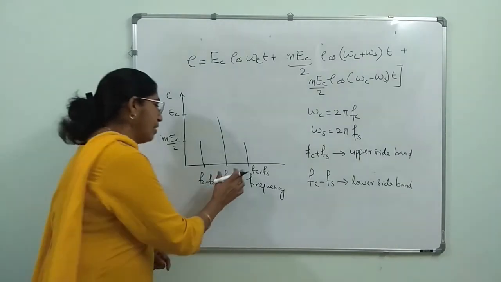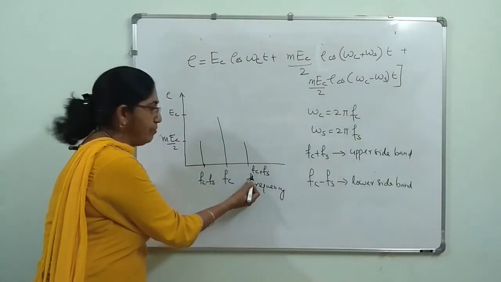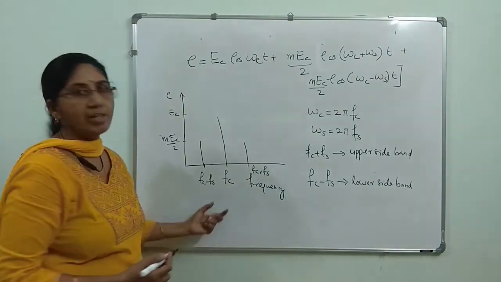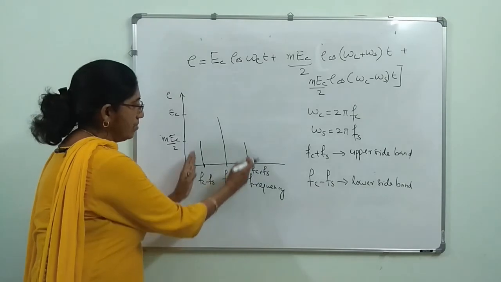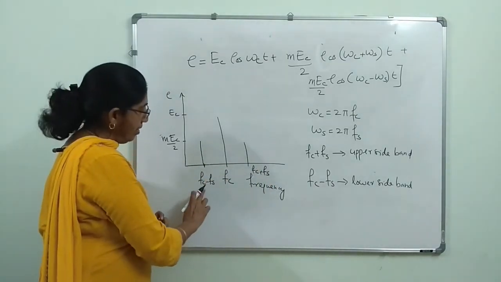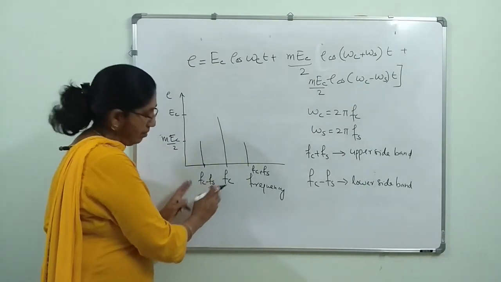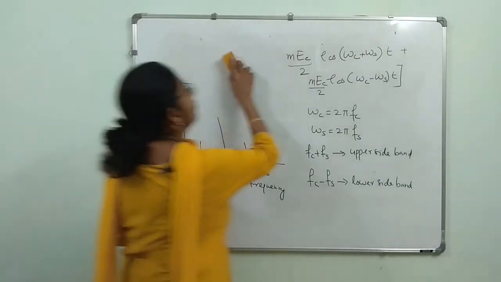The frequency bandwidth is from fc minus fs to fc plus fs. Can you tell me how much the bandwidth is? Bandwidth is actually this range of frequency. So let us write it down and see.